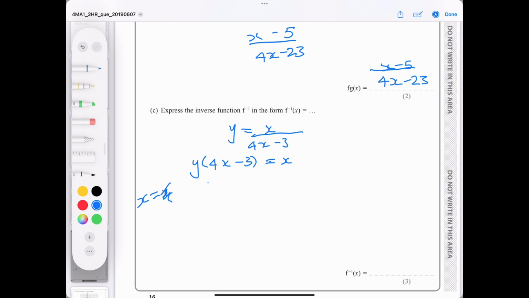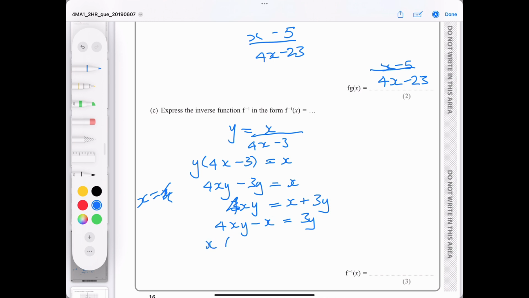So let's multiply out: 4xy minus 3y equals x. Let's add the 3y to both sides, so 4xy equals x plus 3y. Then let's take the x off that side, so 4xy minus x equals 3y. Then let's remove the x from this, it's called factorising.